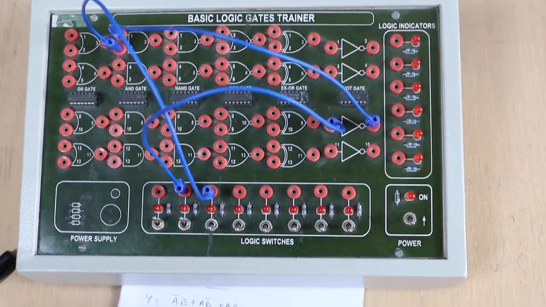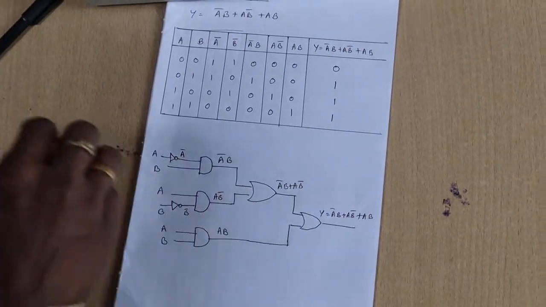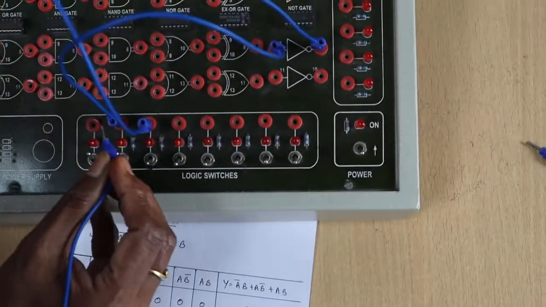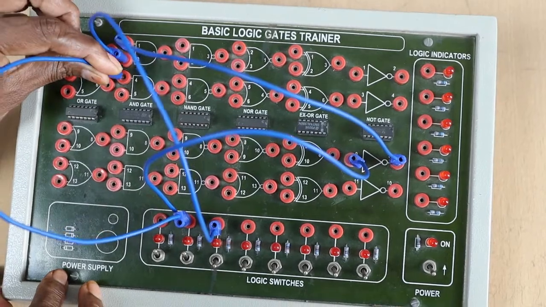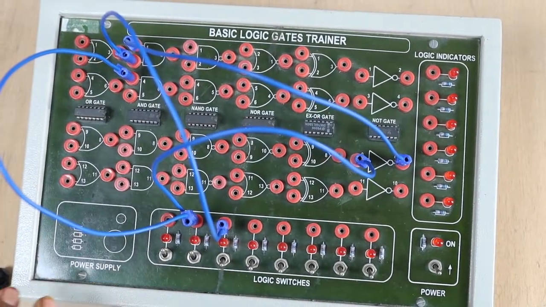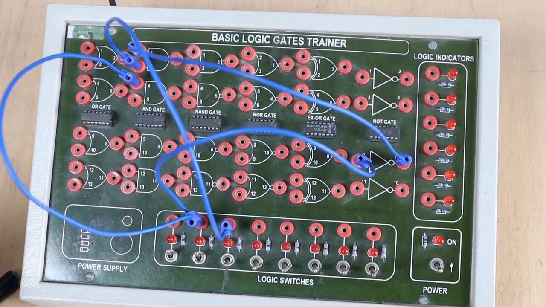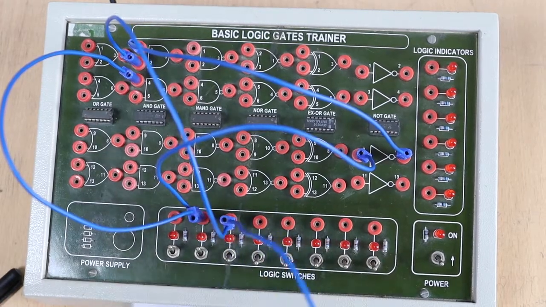Second min term is AB bar. So for AB bar, again we have to use the second AND gate. Directly A input is given as an input to the second AND gate, and second input should be B bar. So again B input is given to the inverter.